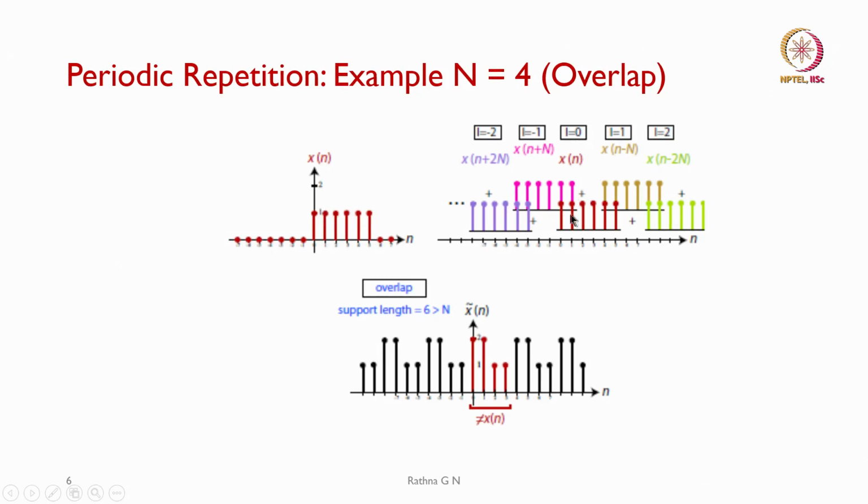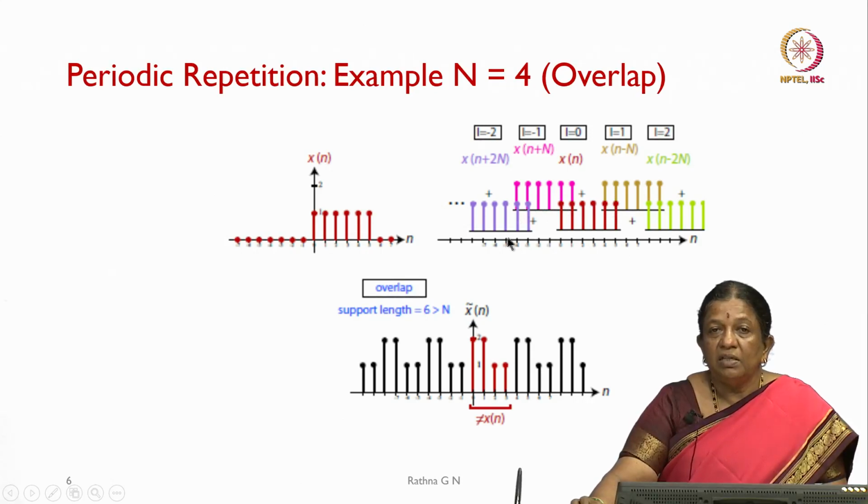Initially we have 6 samples at 0, then x of n is put in. Since it is repetition with N equal to 4, you will be seeing that there is an overlap on the positive side as well as on the negative side. You are seeing that 2 of them have been repeated on this, so they are overlapping, even here it is going to overlap.